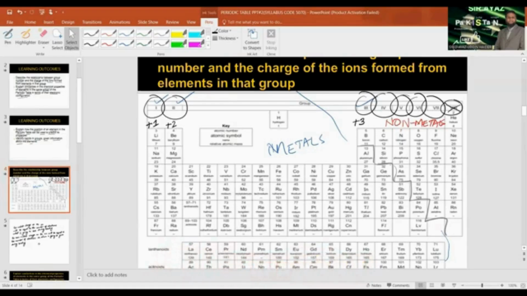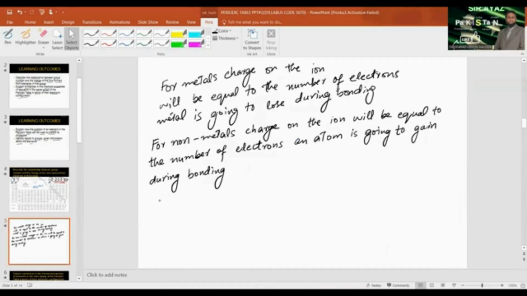So for group 5, if you want to work out the charge, you will subtract 8 from 5. Why 8? Because 8 indicates a complete configuration of an atom, which is second shell and onwards.